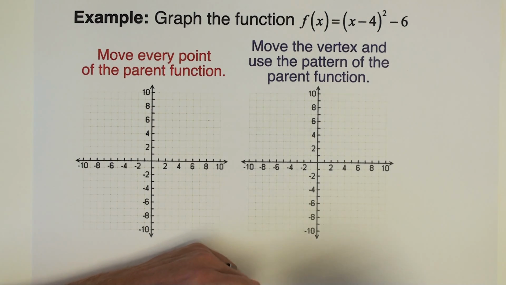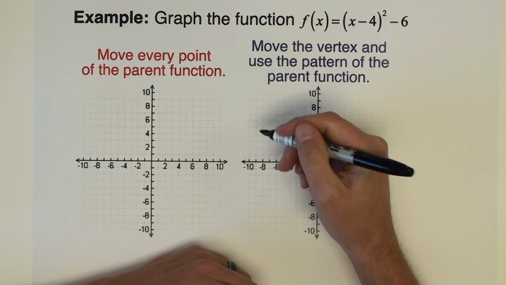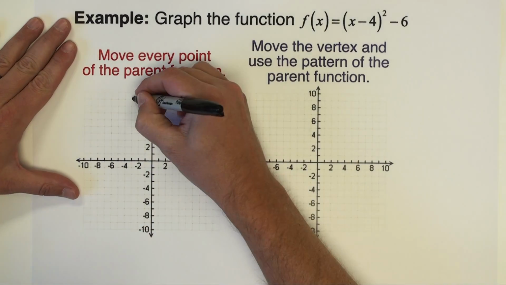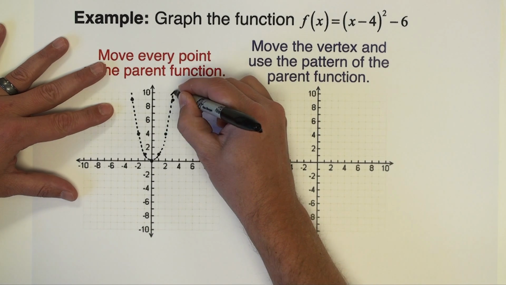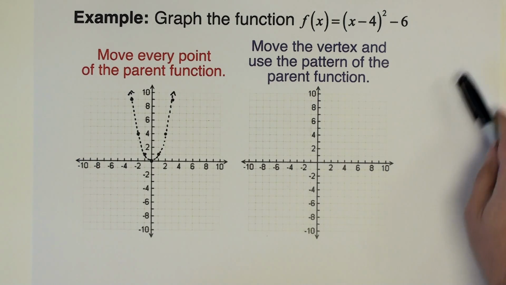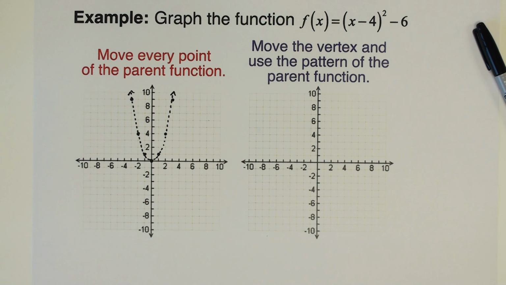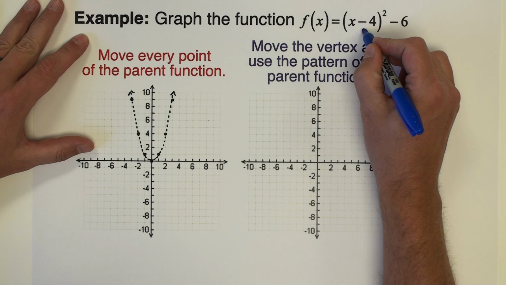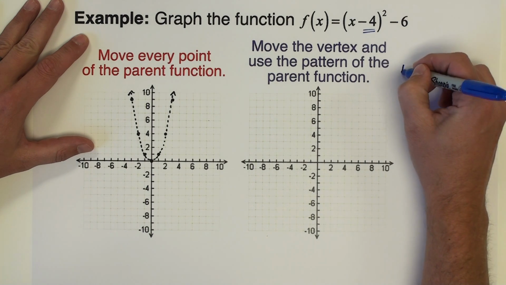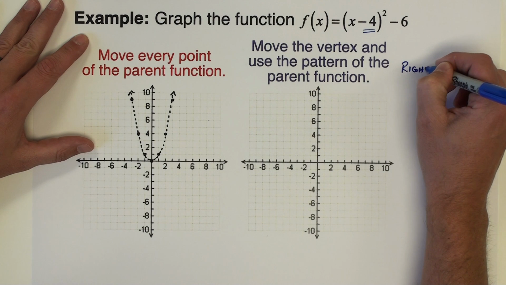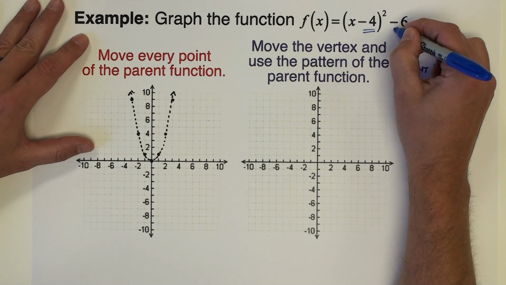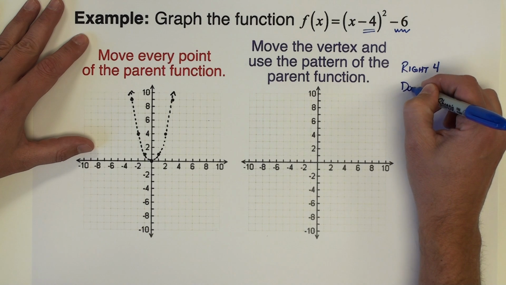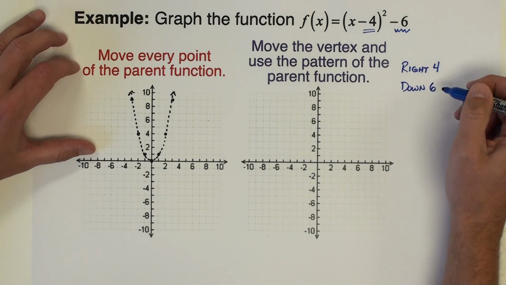So let me go ahead and replot the parent function on this graph here. Okay, there's our basic parent function for y equals x squared, our quadratic function. Now we want to move it, and according to the transformation rules up here, the minus 4 is going to move the graph to the right 4, and then the minus 6 is going to move the graph down 6.